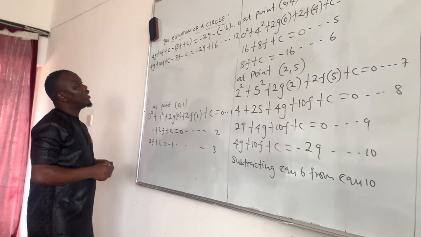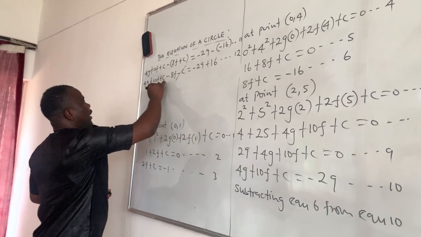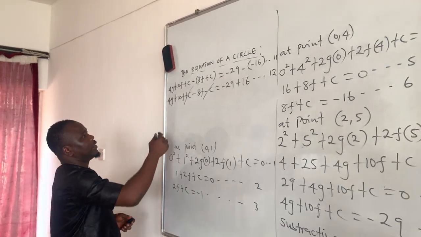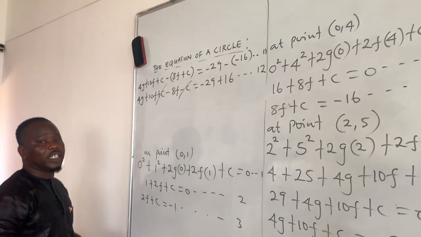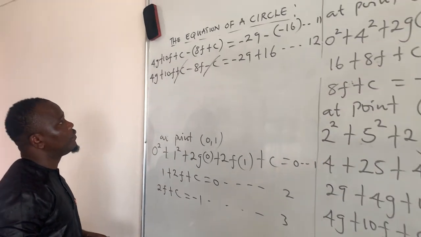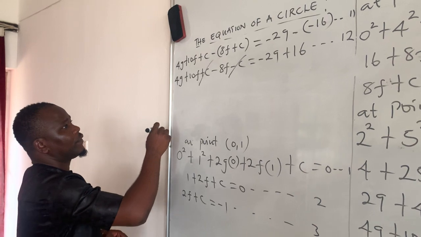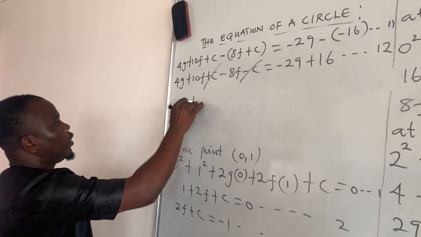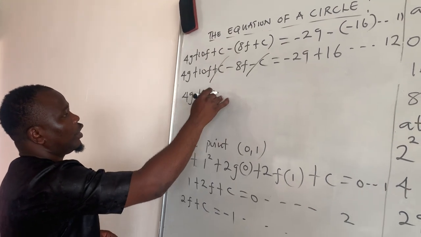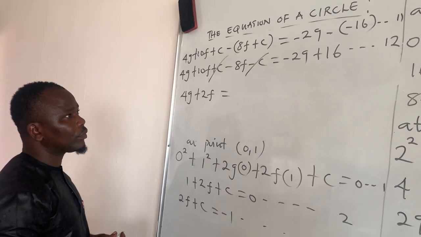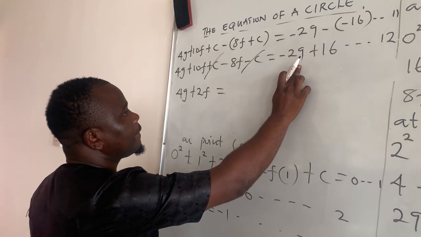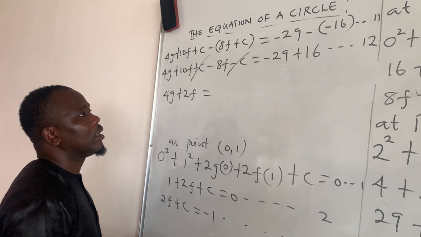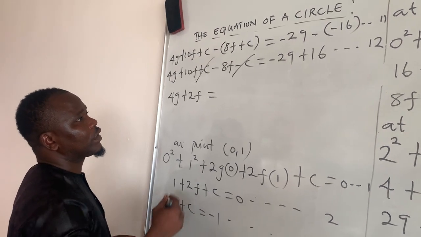Look at the left hand side. We know that the c and the minus c will go. And 10f minus 8f will give us 2f. It implies that the left hand side will be 4g plus 2f equals to minus 29 plus 16.